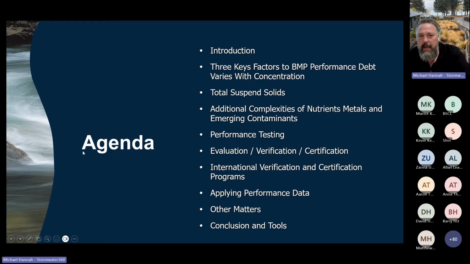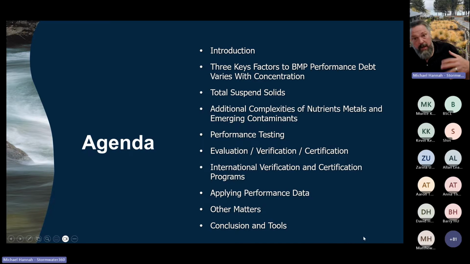Here we go. Just run through the agenda. It'll be a bit of an intro. I'm going to talk about the 3 key factors to BMP performance. And I'm going to talk about total suspended solids, talk about complexities with other contaminants such as nutrients and metals, and even emerging contaminants such as PFAS. We're going to look at performance testing, the evaluation, verification and certification programs that are around to give confidence in the data that you may be given.